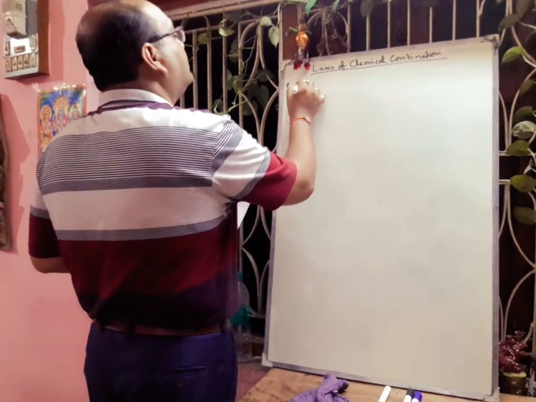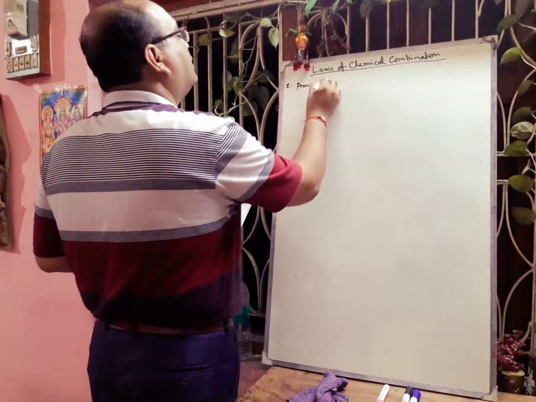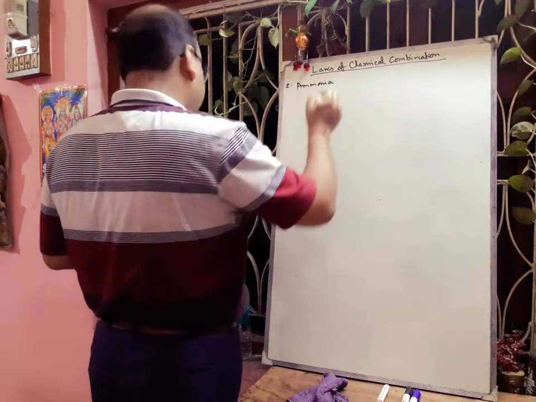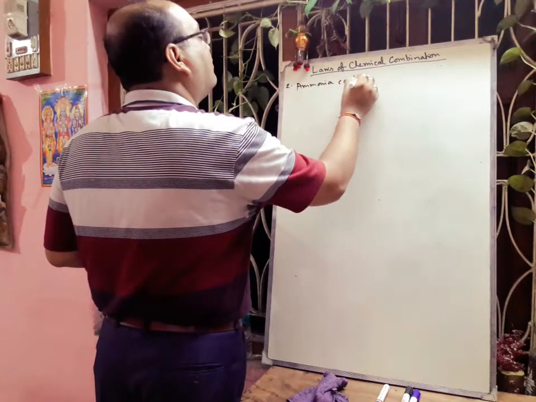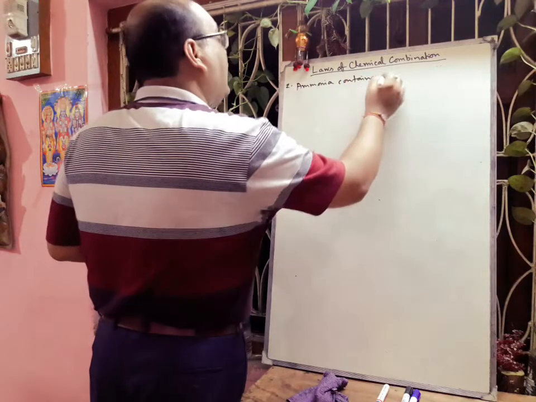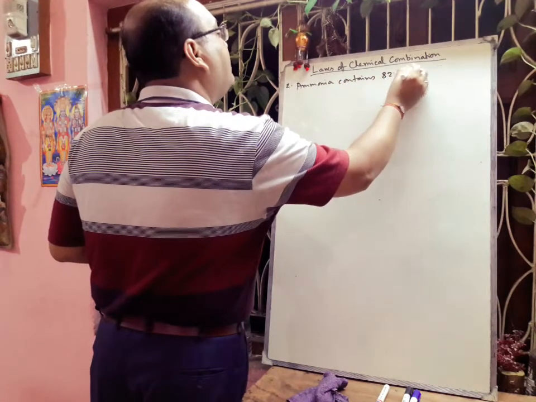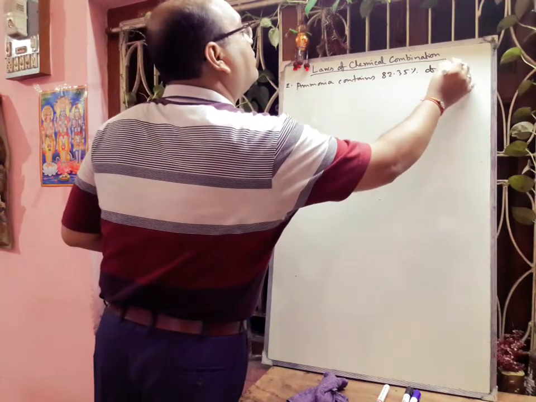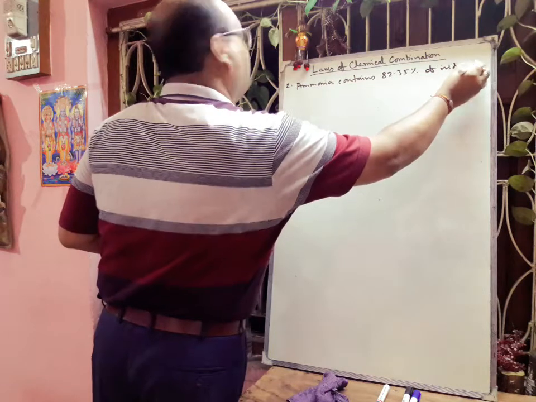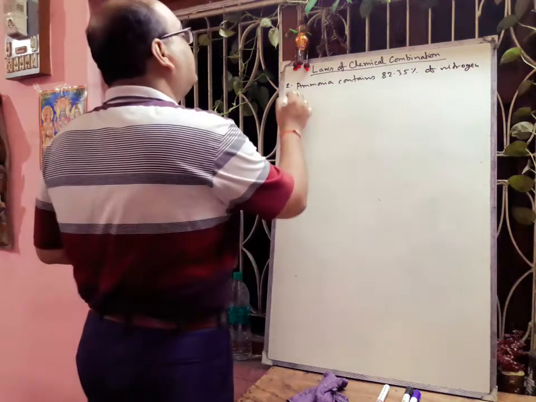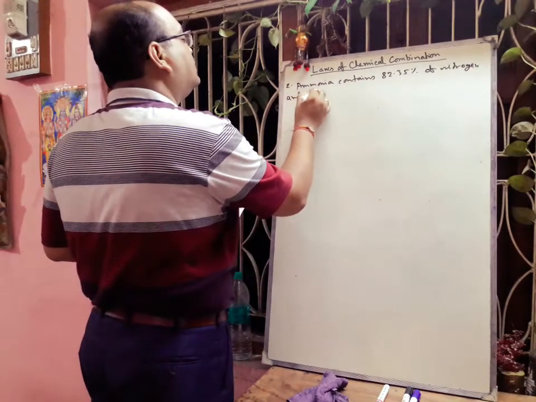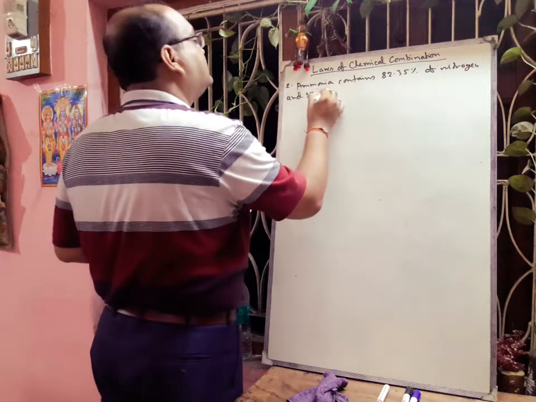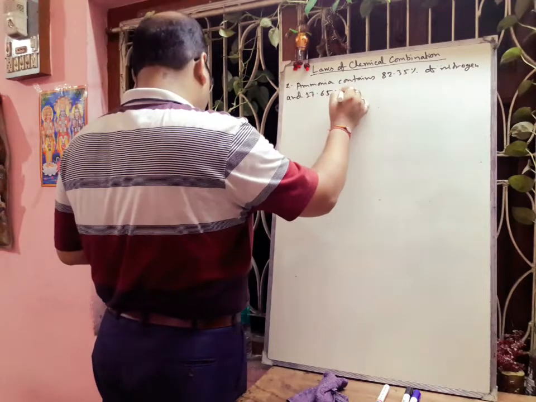Ammonia contains 82.35% of nitrogen and 17.65% hydrogen.